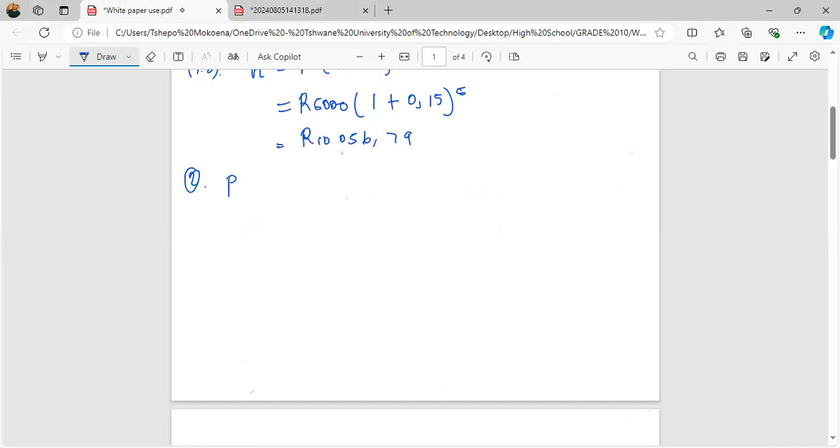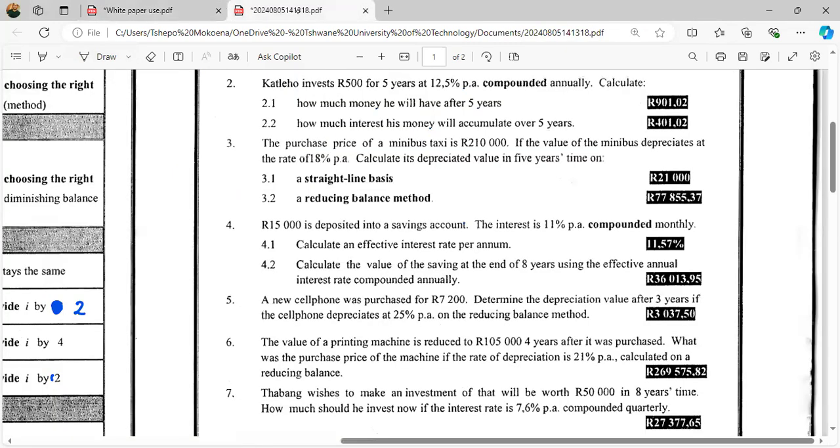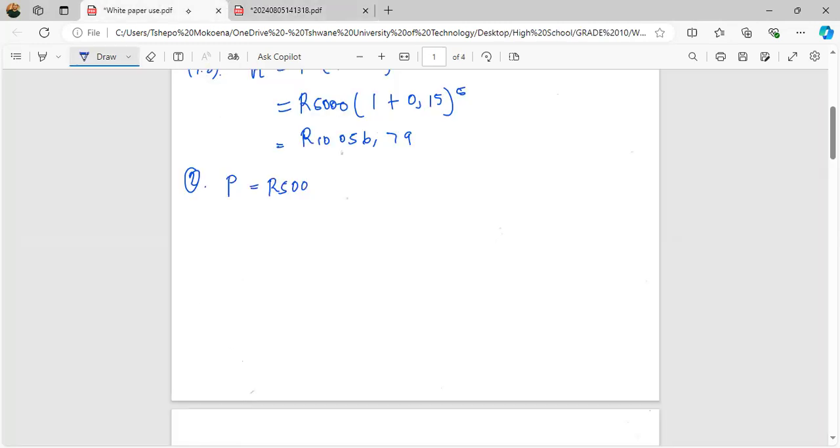So in this case, our principal amount will be 500 Rand. I will use the timeline on continuous investments, withdrawals, change of interest rates. That's where I would use the timeline. So here it's not that necessary. So Katleho invests 500 Rand for 5 years, right? For how long? For 5 years.